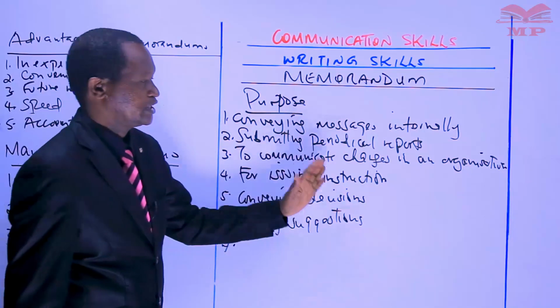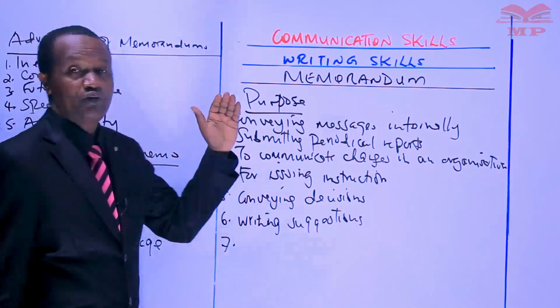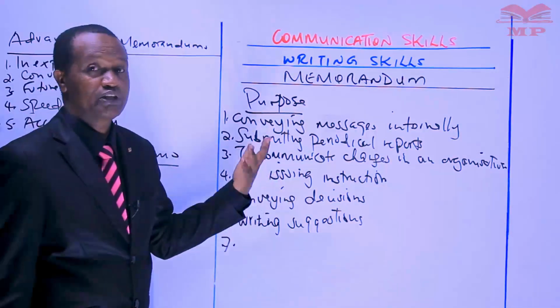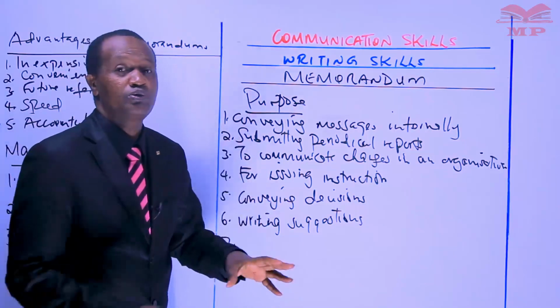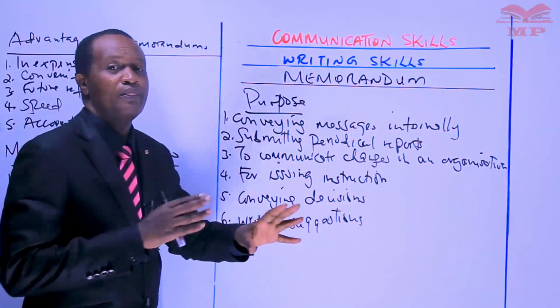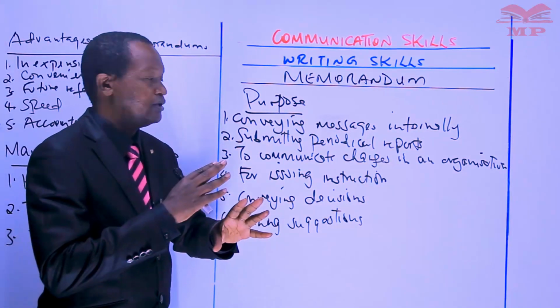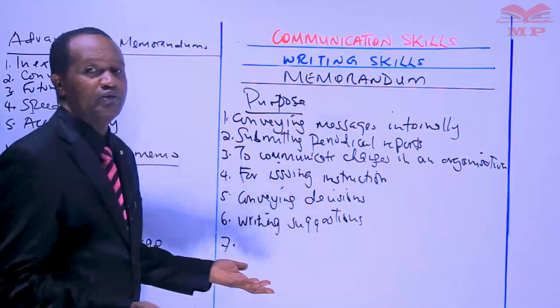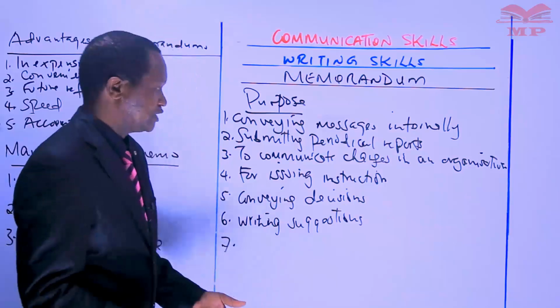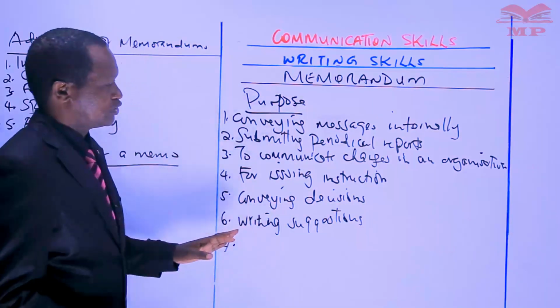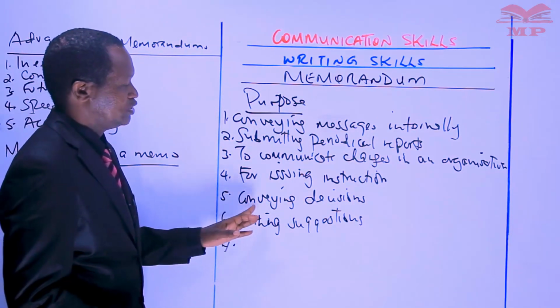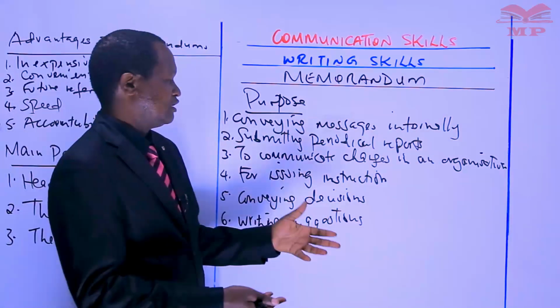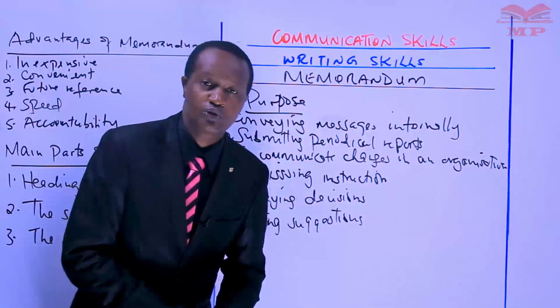They can be used to communicate changes in an organization, for issuing instructions. Memos can be used to communicate messages to subordinates, which can be good messages or bad messages. Bad news can be communicated through memos. You can also have memos being used to convey decisions, for issuing instructions, and so on.